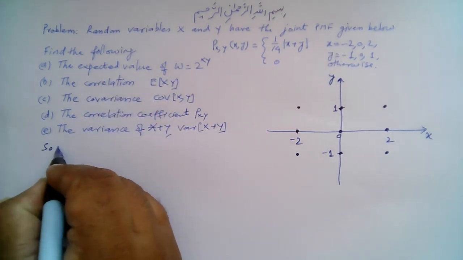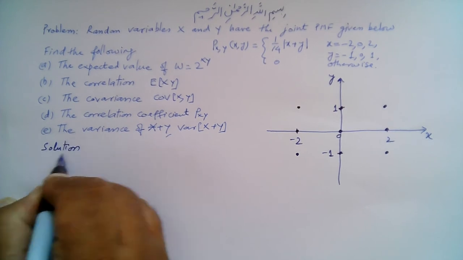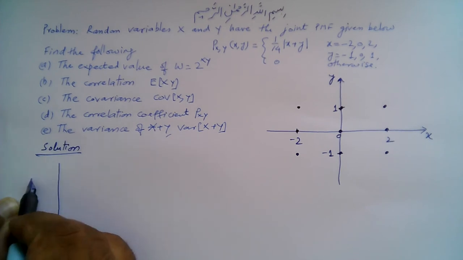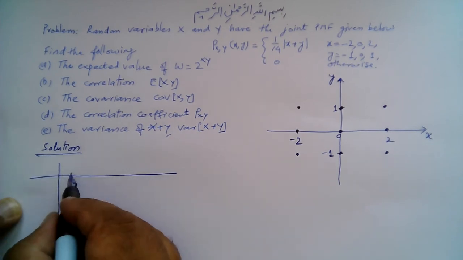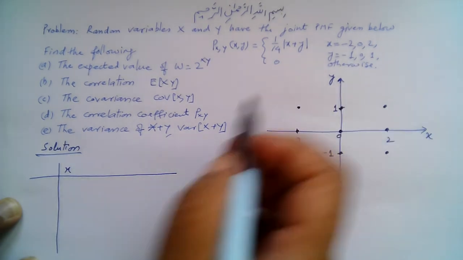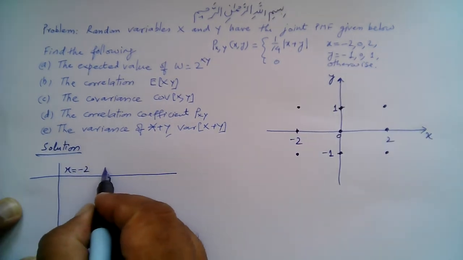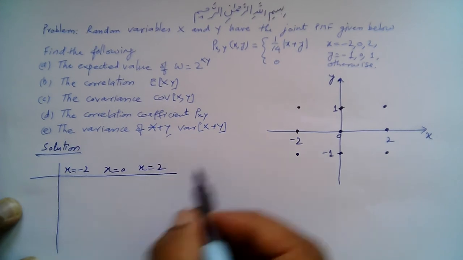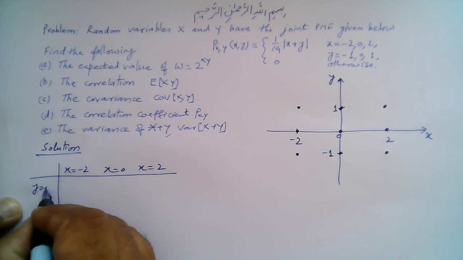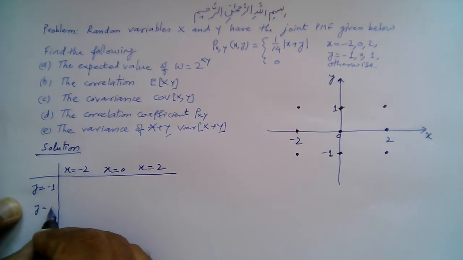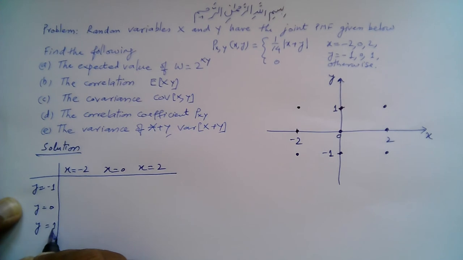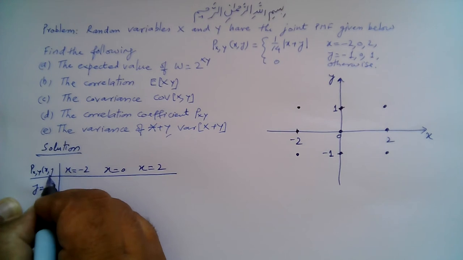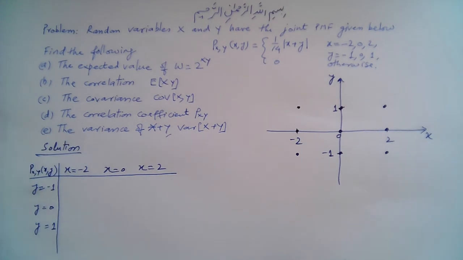So let us put these values in a table. x can take on values -2, 0, and 2, and y can take on -1, 0 and 1.